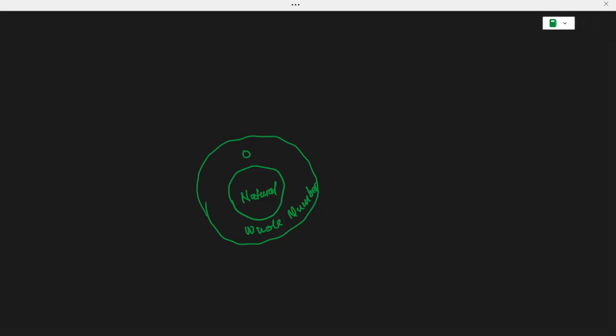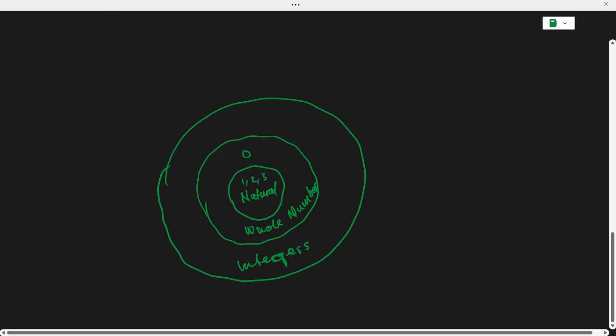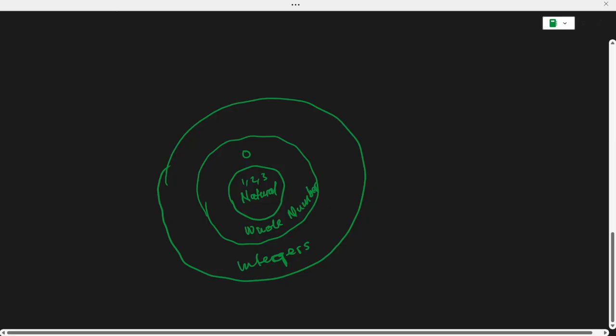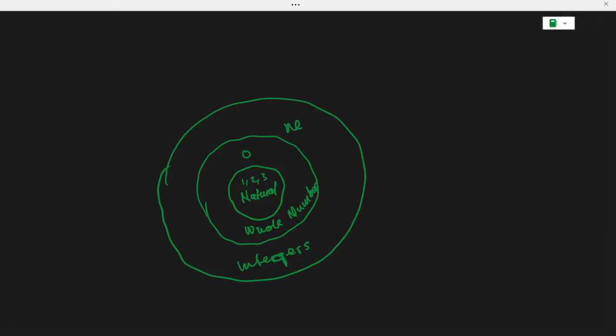And in the set of natural numbers are numbers like 1, 2, 3, going upwards. The next set that we are going to have is the set of integers, due to the fact that we are including negative values.